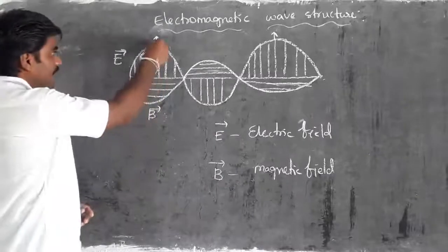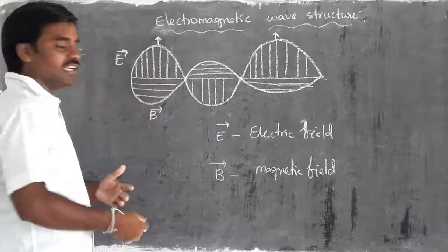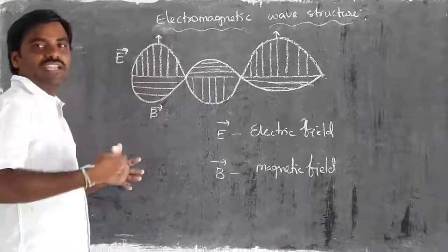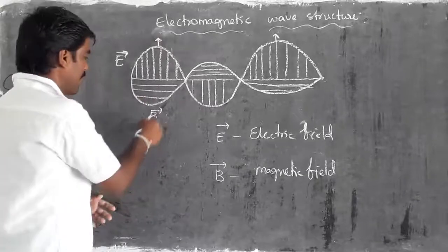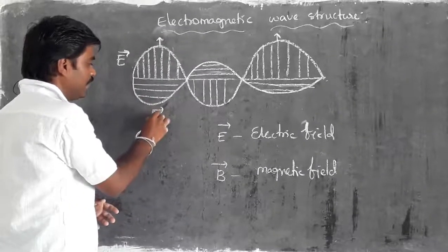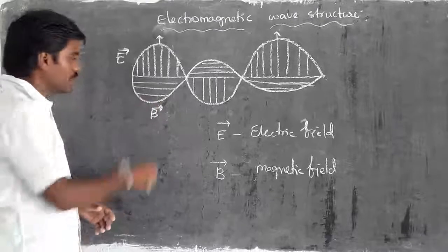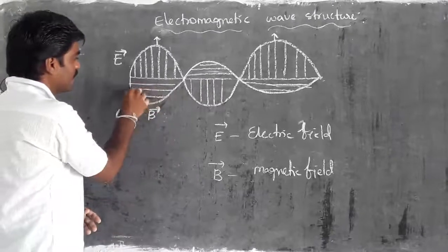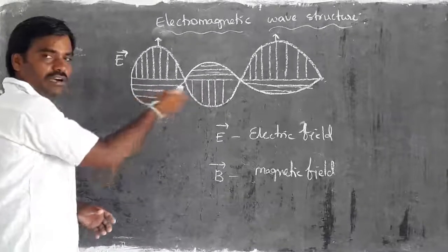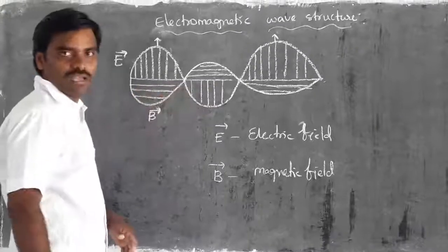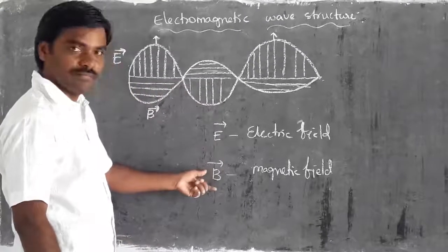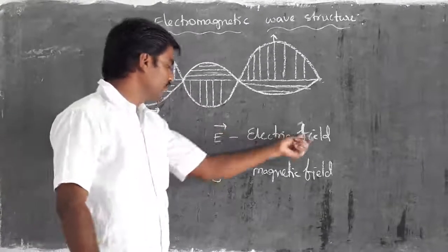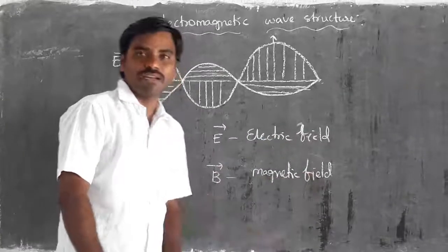Then when the electric field is created, you can create the magnetic field. The magnetic field we call B, right? That magnetic field direction is shown with parallel lines. So here we clearly wrote E stands for electric field and B stands for magnetic field.